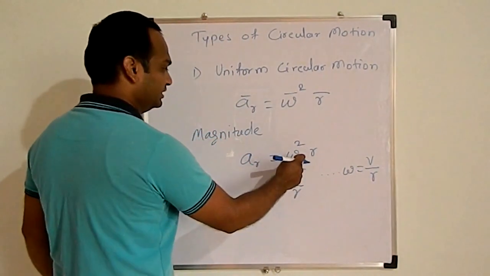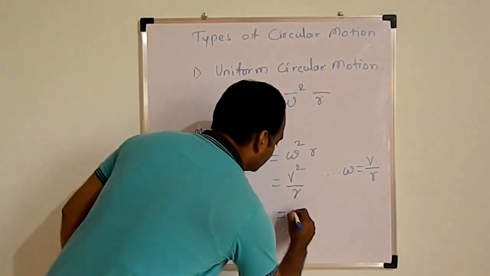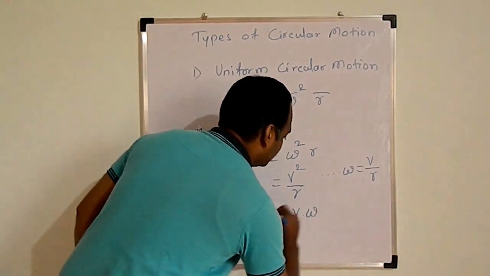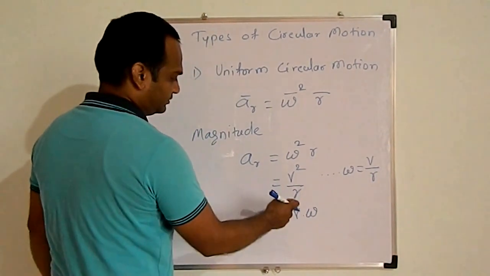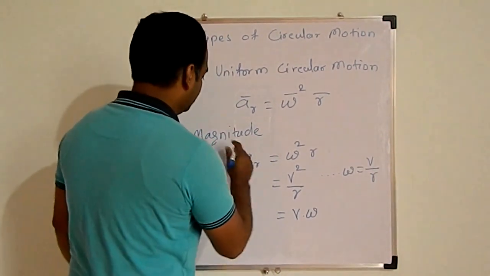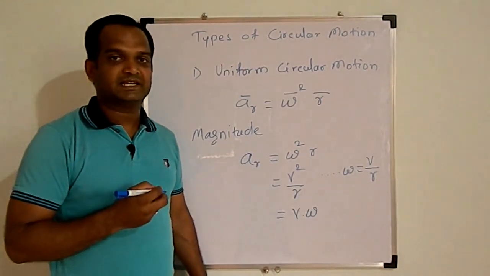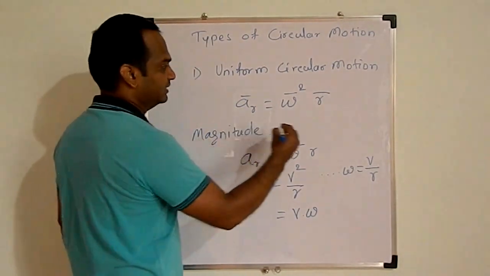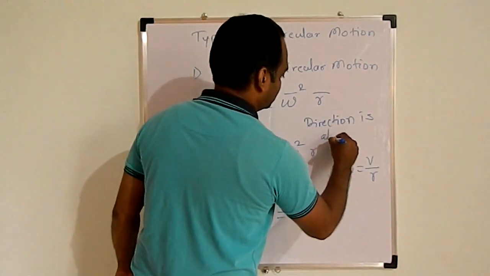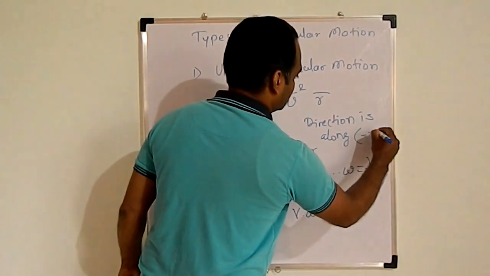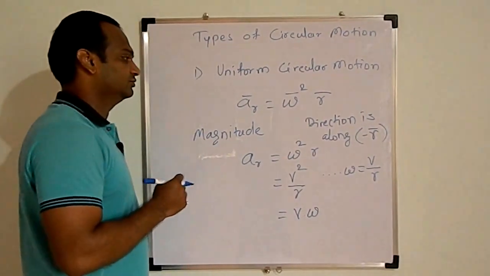Substituting this value instead of omega, we get v square by r, or v into omega. So this is the magnitude of radial acceleration, and its direction is opposite to the radius vector, so towards the center.